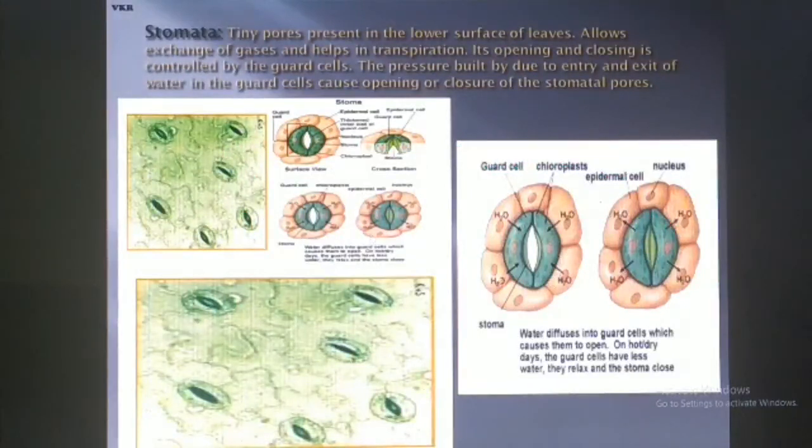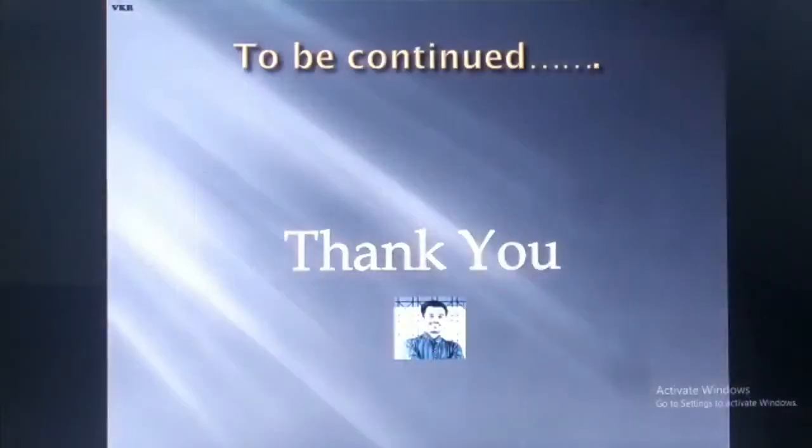Stomata contain the guard cells and the stomatal pore. The whole is called the stomatal apparatus. This is all due to the turgor pressure created by entry or exit of water. That depends on the temperature, the speed of air, the rate of evaporation, and the intensity of sunlight. These are the various factors that create the opening and closing of stomata, right?